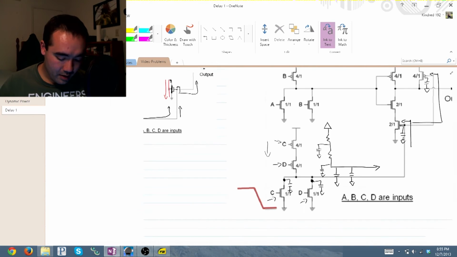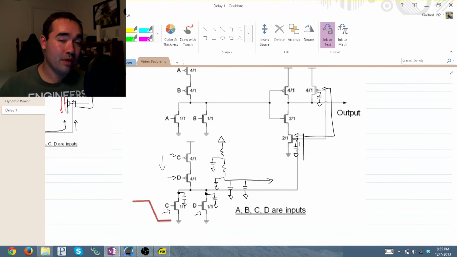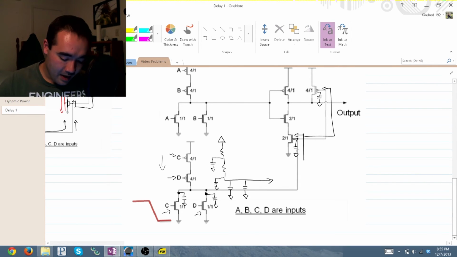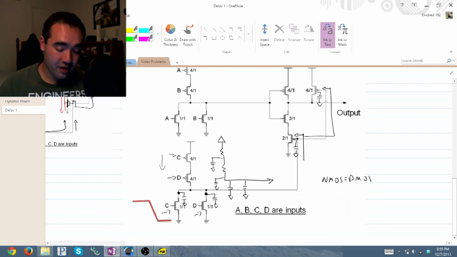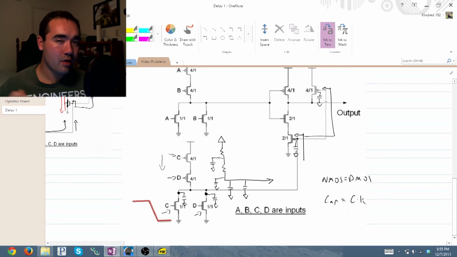Now, keep in mind that at least with this kind of topology, with this technology, our capacitance for NMOS and PMOS are the same. And your capacitance is equal to C times K, where K is your width over length ratio.